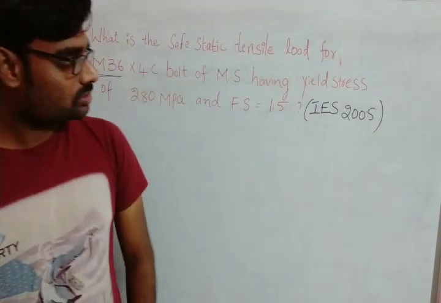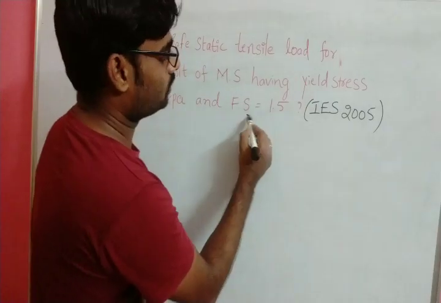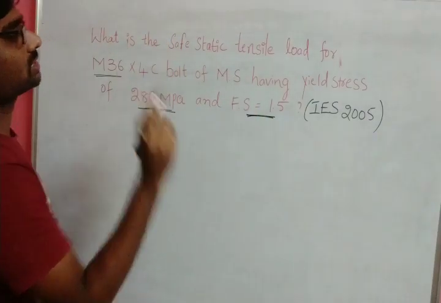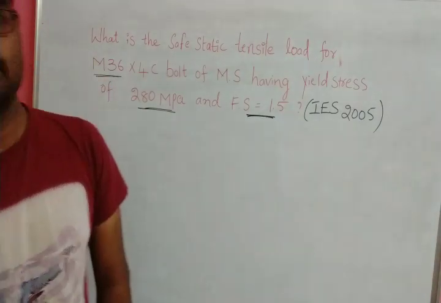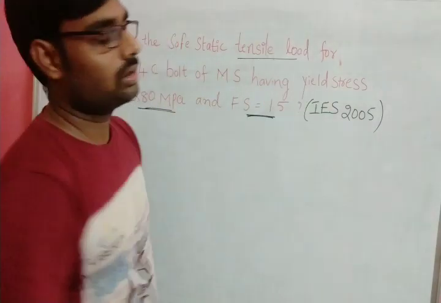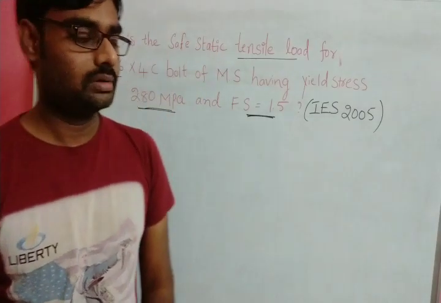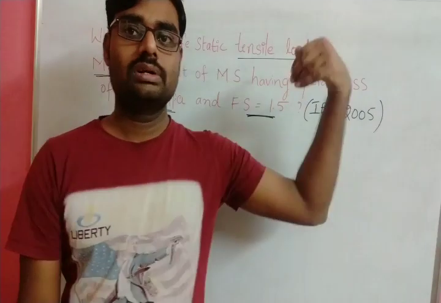In this question, factor of safety is given, yield stress is given, and M36 is also given. Determine the tensile load. The symbol of load is W or P.